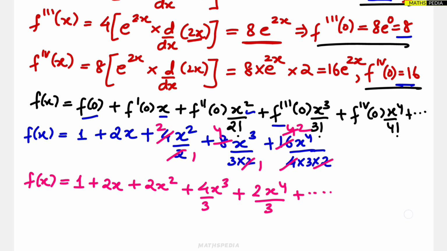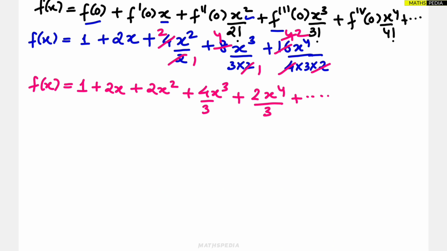Now here we have a second method to solve this question also. We have already studied the e power x series, if you remember. The basic series are nothing but e power x, cos x, sin x. We have done problems on this previously also. Those are nothing but basic Maclaurin series. If you remember them, you can directly put and substitute and get the values.